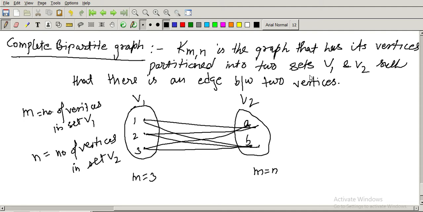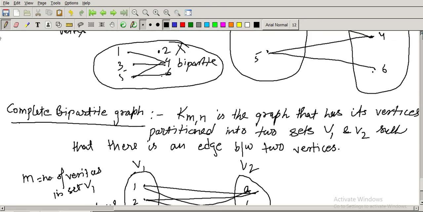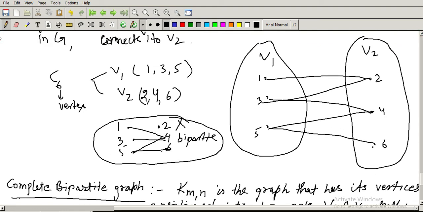Complete means all the vertices are connected to each other. But it was not the case when I wrote the definition for the bipartite graph.